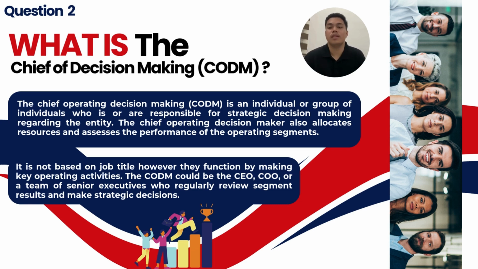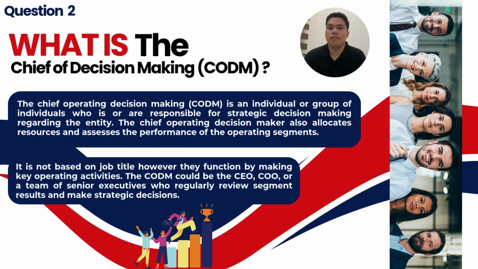So the Chief Operating Decision Maker, which is CODM, is referred to the person or group of people within an organization who is responsible for making key operational and strategic decisions. This role is important because the CODM will oversee how the company's different business segments perform and decide how to allocate resources among them.